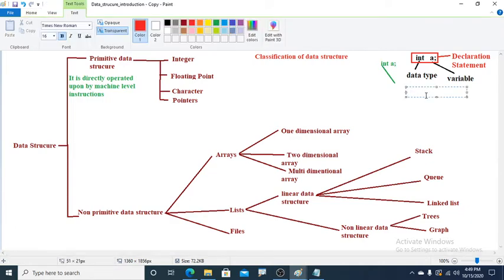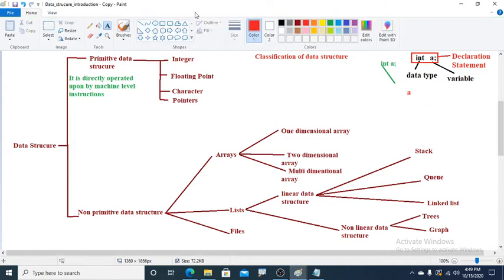Whenever you declare a variable, memory will be allocated. How many bytes of memory are allocated?